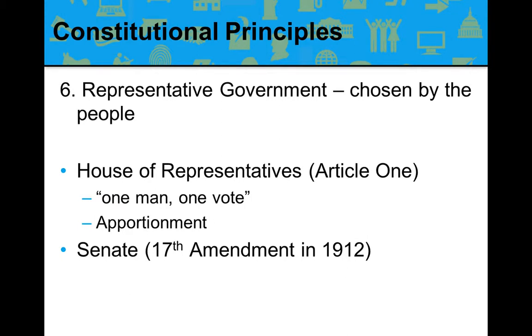And so you had a disproportionate amount of people in each district voting. So one representative represented the interests of 2,000 people, and another representative represented the interests of 312,000 people. So this is an idea of unbalanced representation.